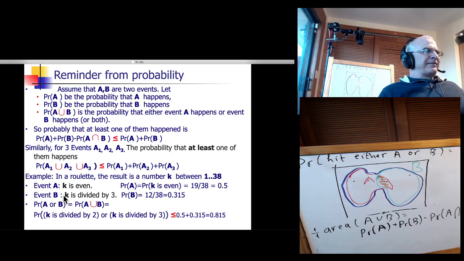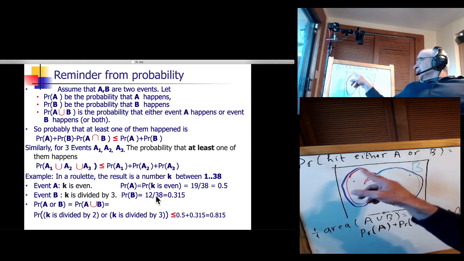Let's define a different event. K, the number that the roulette spits out, is divisible by 3. Maybe it happens, maybe it doesn't happen. How do I know what's the probability? Let's count how many numbers between 1 and 38 are divisible by 3: 3, 6, 9, 12, etc. You'll get 12 such numbers.